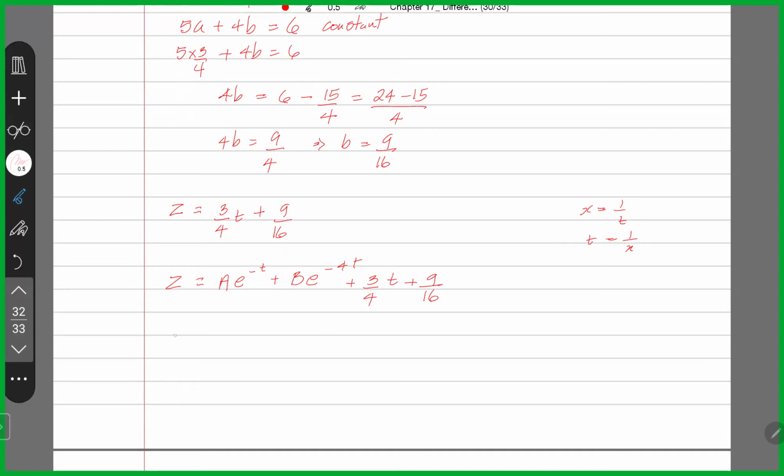So what we get is z is equal to a e to the minus 1 over x plus b e to the minus 4 over x plus 3 over 4x plus 19 over 16.